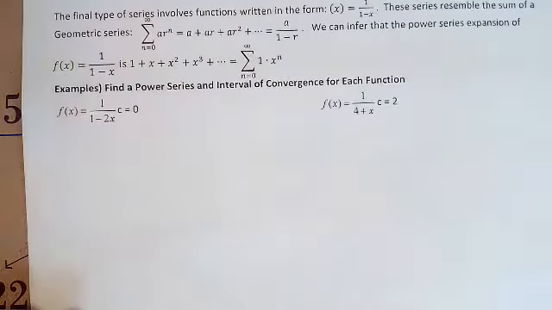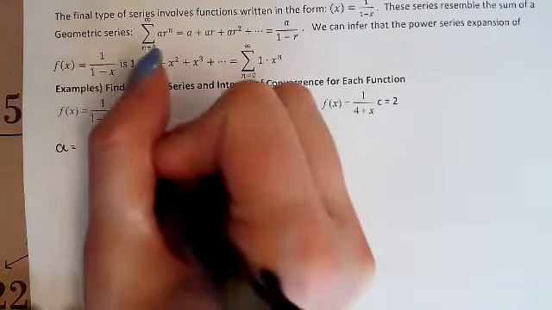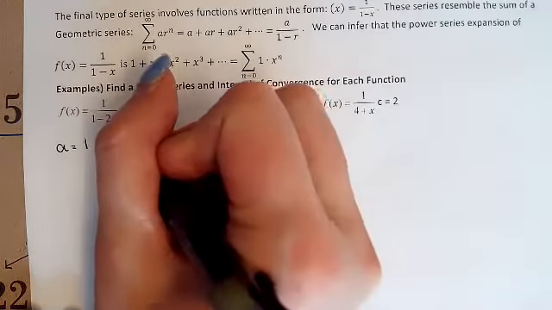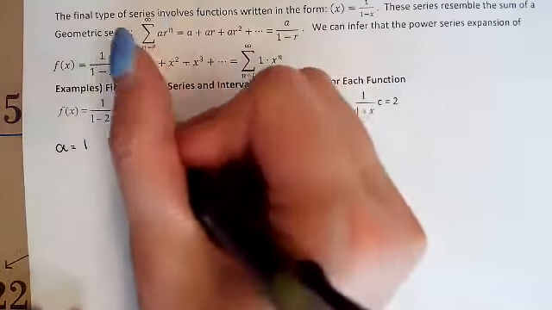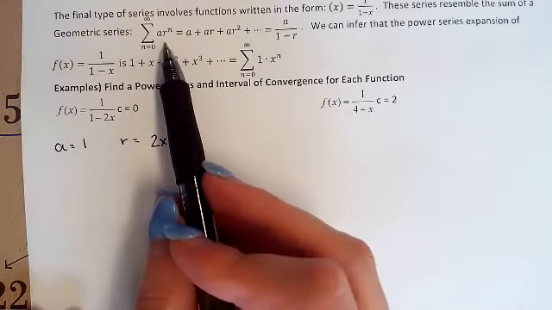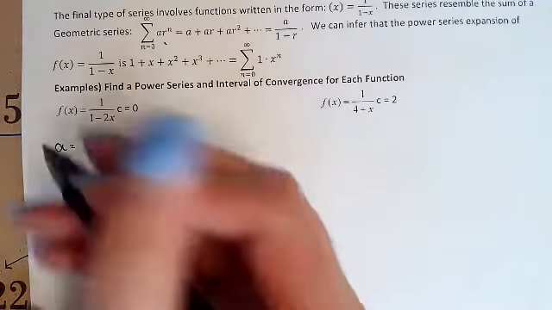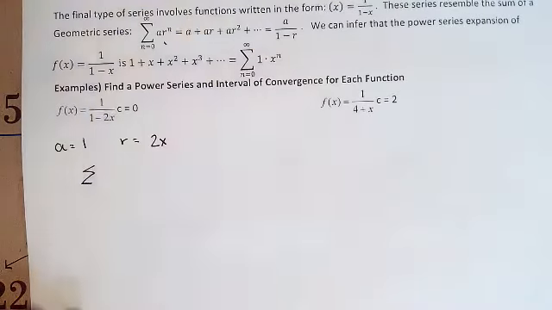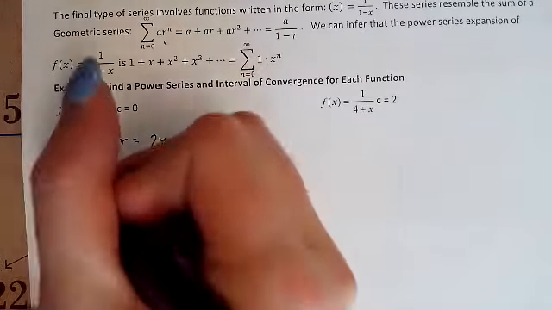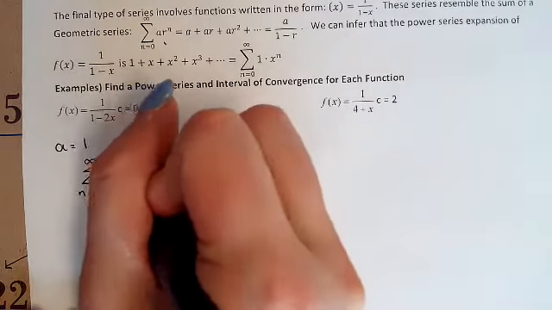If I'm looking at 1 over 1 minus 2x, what's my a value? 1. What is my r value? 2x. And remember, I can write it as a geometric series that looks like this, a times r to the n. So if I'm writing my series, what would that look like? 2x to the n, good.